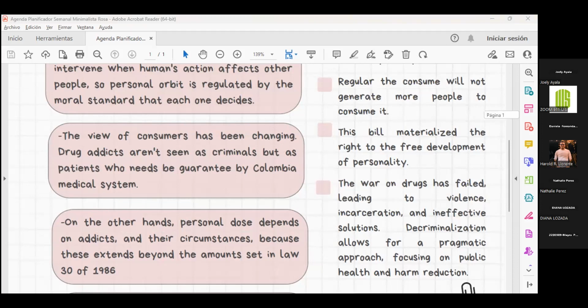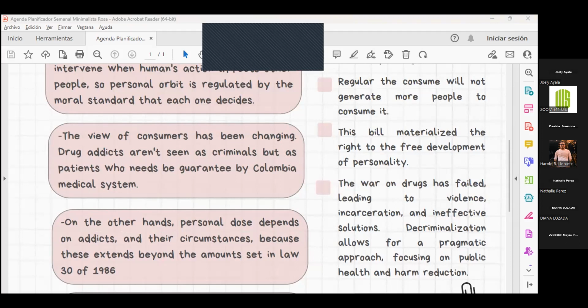I think that it should be legal. Consumers should have the right to continue with the minimum dose without being penalized or anything.